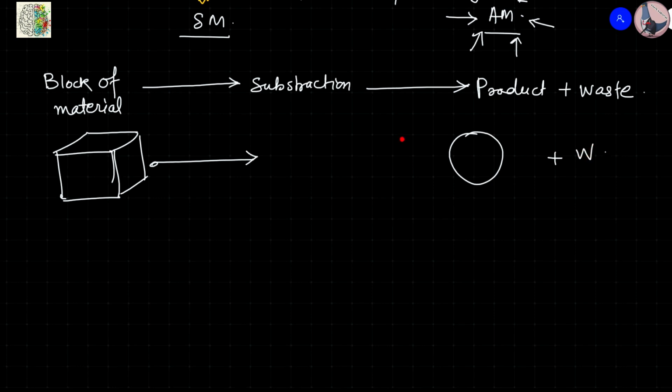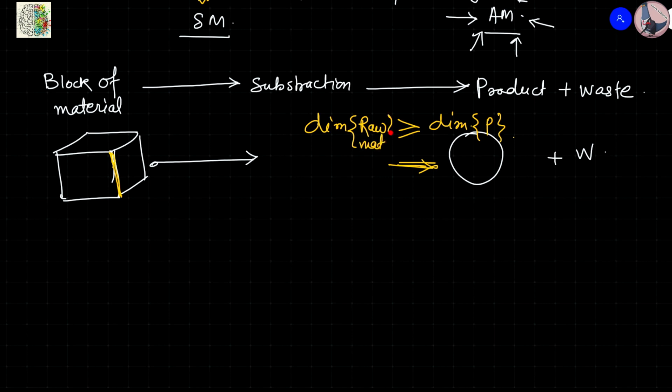As I have also told in previous lectures, this subtraction will have one limit: the dimension of your product will always be either less than or at max equal to the dimension of your raw material.